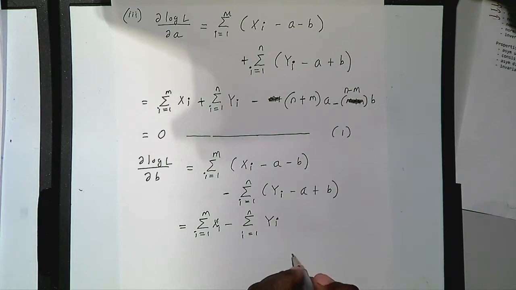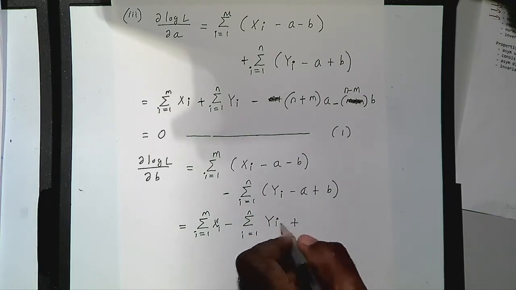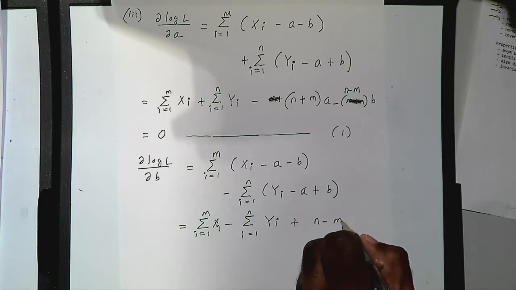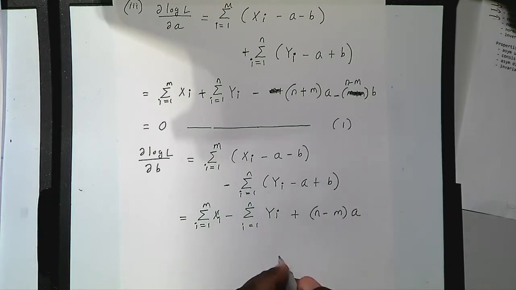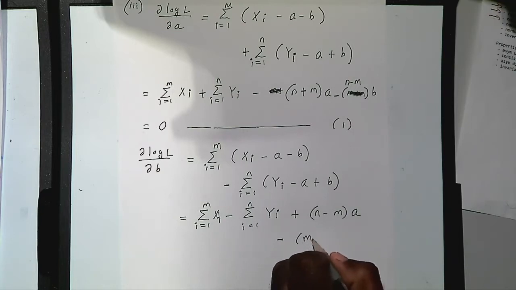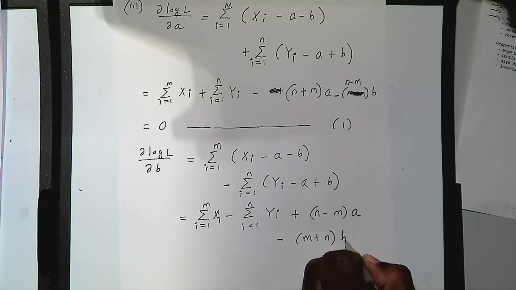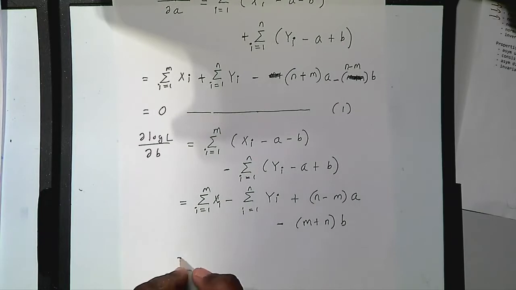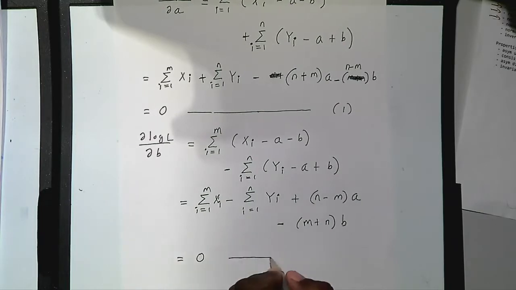Then you have minus, okay, and set this to 0, you have equation 2.